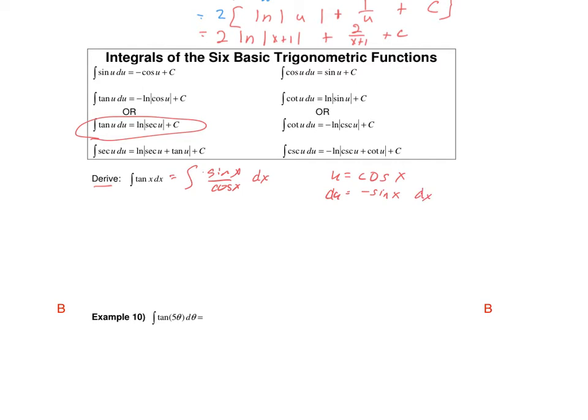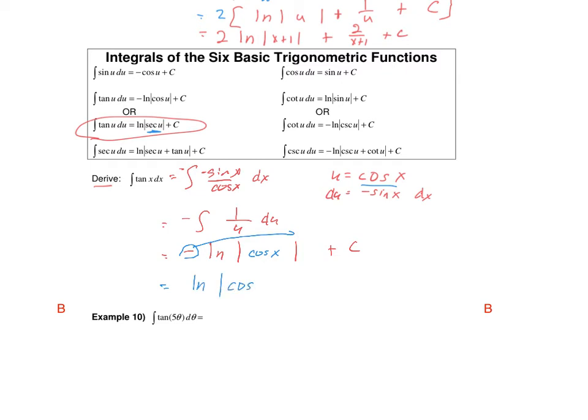Okay, so that means I need to force a negative and counter with a negative. So now I've got the negative integral of 1 over u du, which means I've got the natural log of u plus c, and my u is cosine. All right, so then if you notice here, it says secant here, right? Because if I take this negative 1 that's here, I can put it up top as a power.